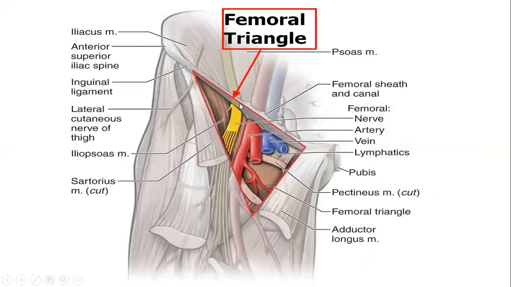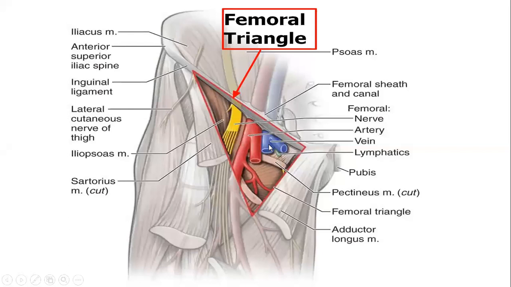Here you can see from lateral to medial, these are very important structures that are passing through the femoral triangle. Lateral most is the femoral nerve. Then we have femoral artery along with its branches. And medial to femoral artery, we have femoral vein.